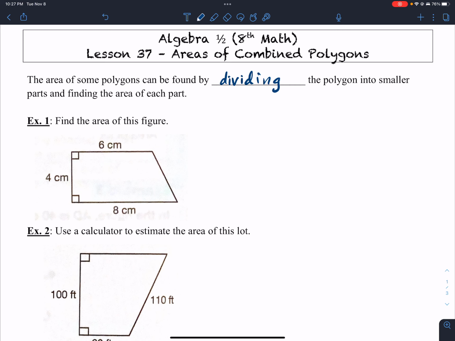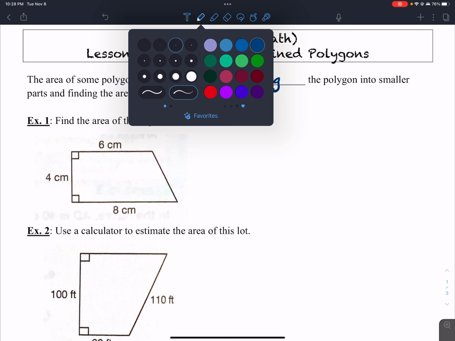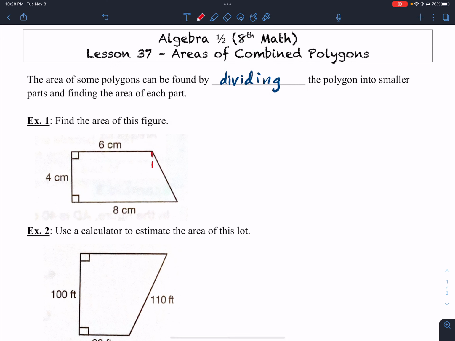All right. In this first polygon, in example 1, we're going to break it apart right here. It's fairly easy to see that what we've got is a rectangle, and again, we're trying to find area, right? The area of the rectangle is 6 times 4.